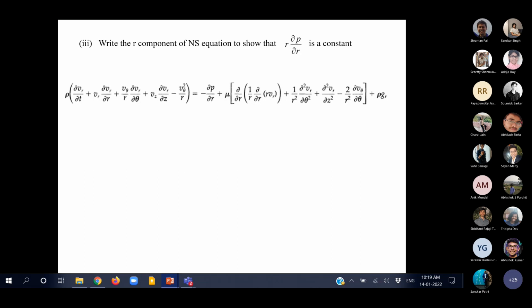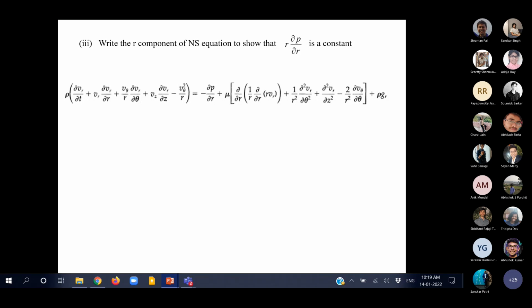We are dealing with r and theta both in this case, because the principal directions of motion are no longer only r, there is motion in the theta direction as well. So we need to write both components of the Navier-Stokes equation, and try to see if we can make some simplification.